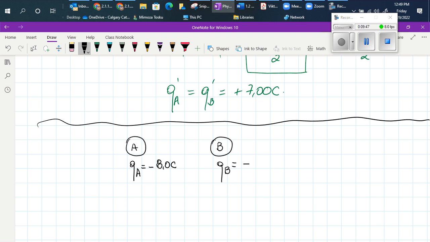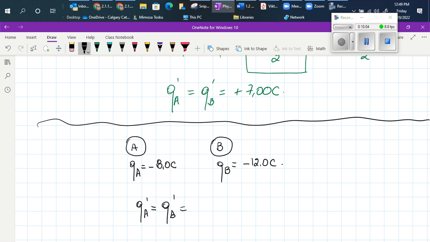Charge B is negative 12 coulombs. So when you put them in contact with each other or connect them through a conducting wire, the new charges will be equal to each other.